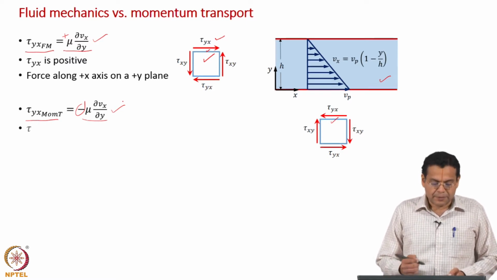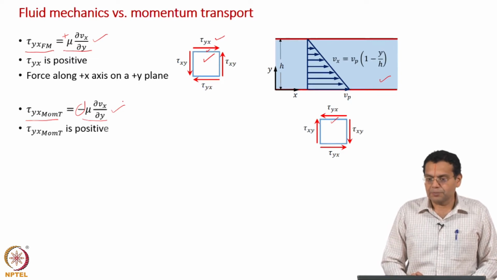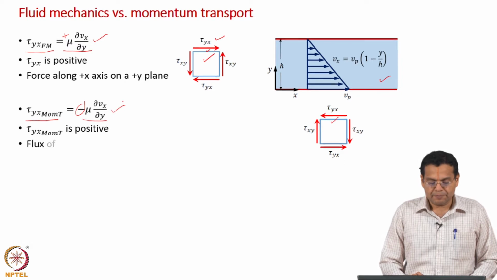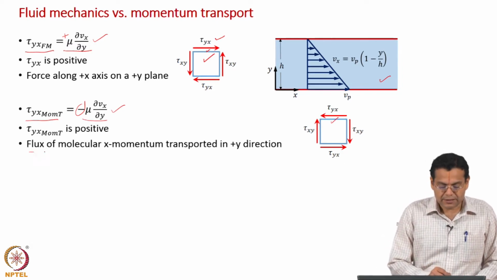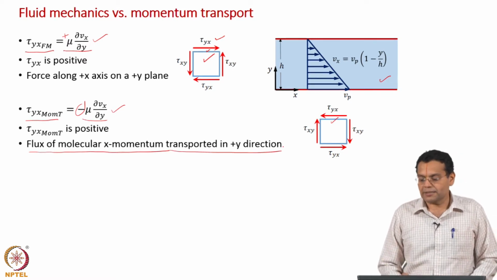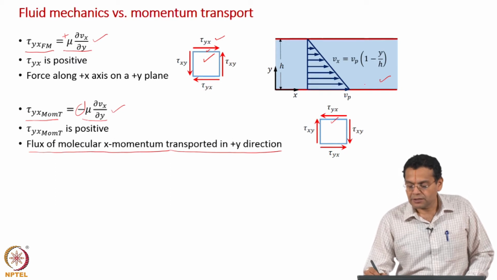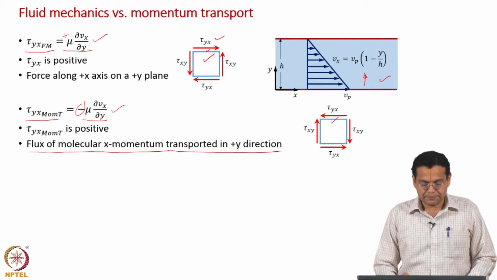Now if you say tau ix in momentum transport is positive, what does it mean? As we discussed in the previous slide, it says that flux of molecular x momentum is transported in the positive y direction.